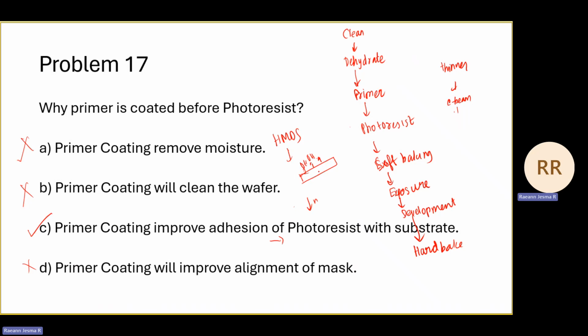And if you want a photoresist with smaller thickness, and you have a somewhat rough surface, which is not smooth or flat, then if you are coating photoresist, you want to ensure there is a uniform coating over the rough surface and your photoresist is sticking on all the places, right? So we will use a primer coating for that case.